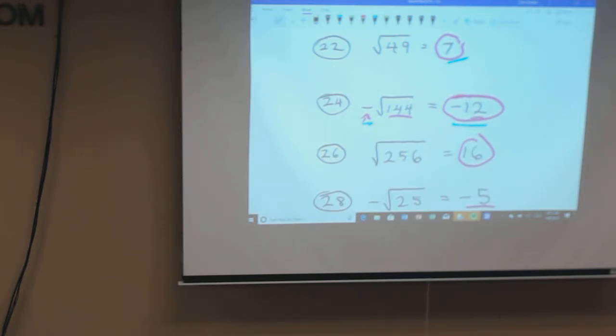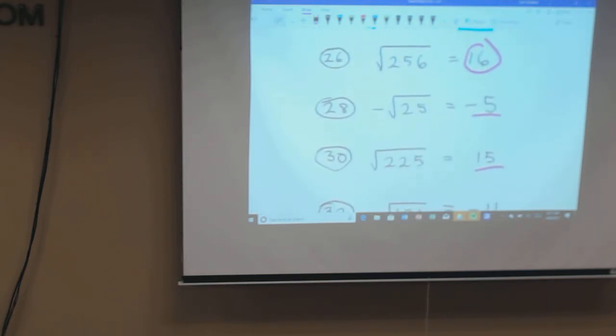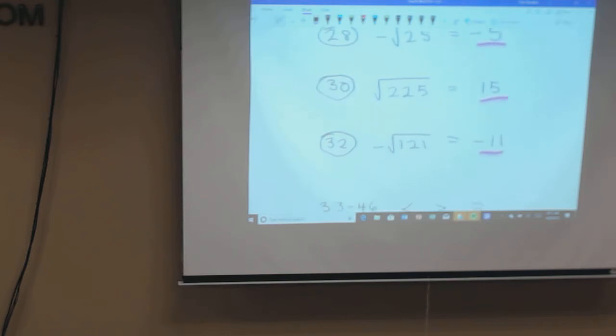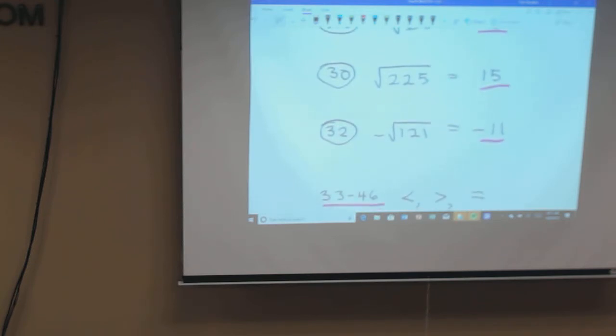Hit the square root button. Sure enough, it comes up 16. 28. 30. You go, what? Put 225 in there. Hit the square root button. Sure enough, it comes up 15. You probably have to do a few of these radicals to really get your head wrapped around what's going on.